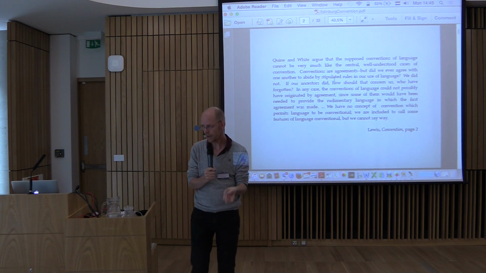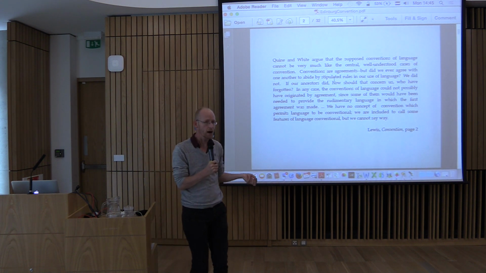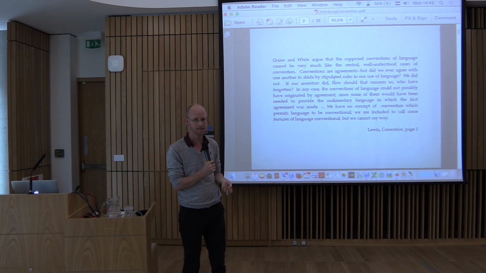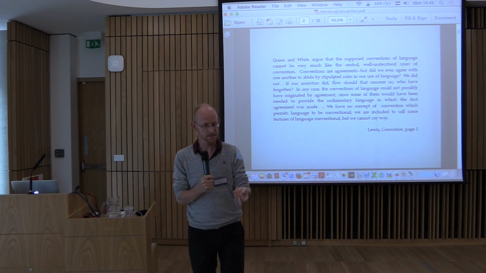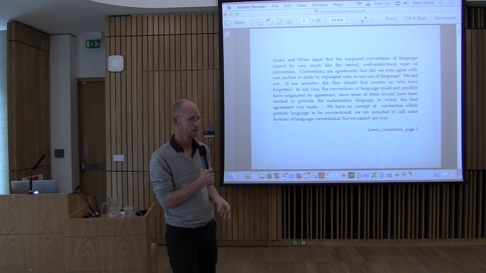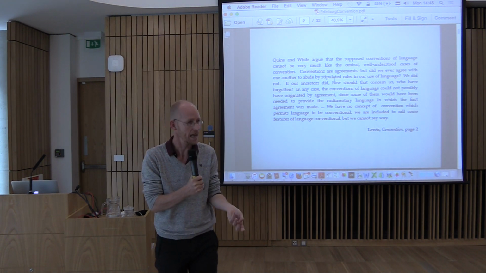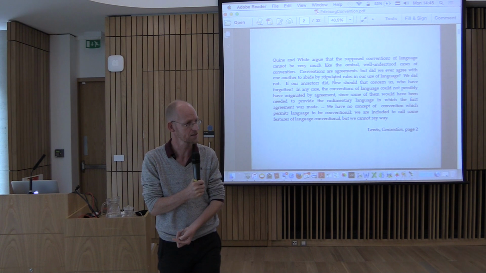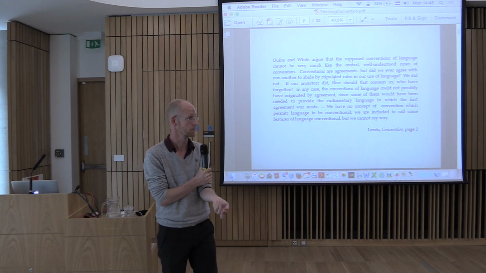Quine said, yeah, it looks very nice, but it can't work, because how do you make an agreement like that? You can only agree on, okay, this is the meaning of chair. Well, if you're going to explicitly agree on that, and you use language for that, you need already a convention to establish a convention, if convention is established by agreement.